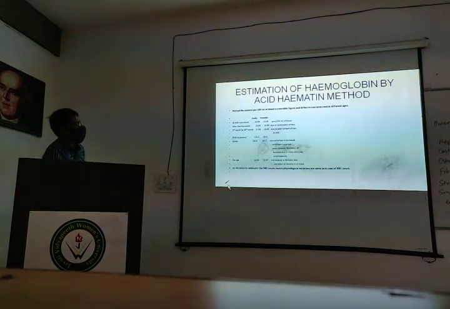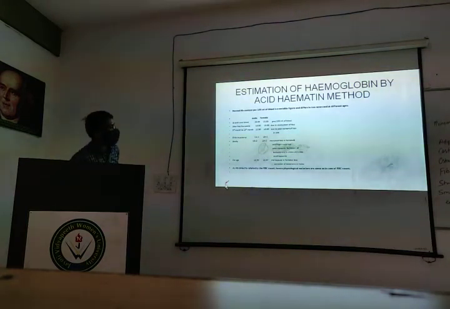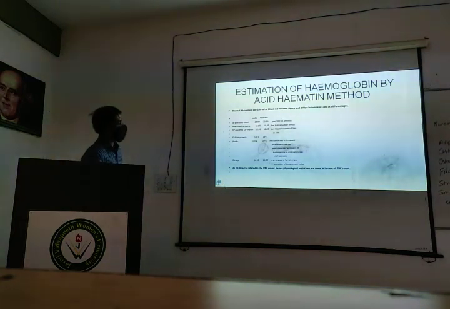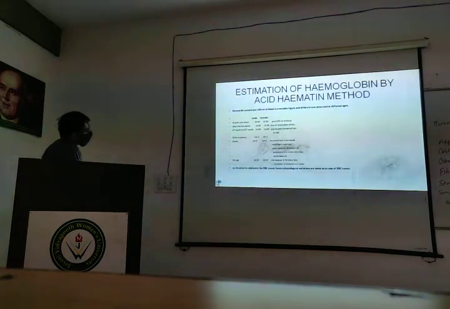Normal hemoglobin percent per 100 ml may vary and differ in the two sexes. At birth, it may be 23 gram per deciliter in both male and female. At one year, it can be 15.5 in male and female gram per deciliter. From the third month to the 24th month, it can be 12.5 in both male and female.